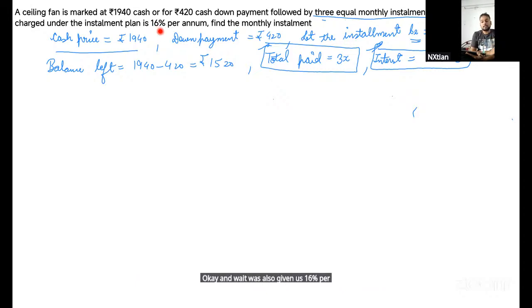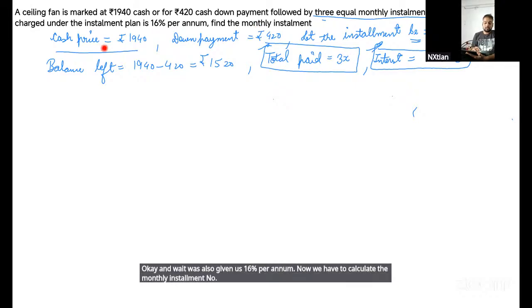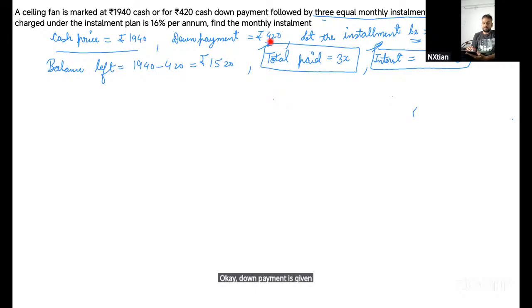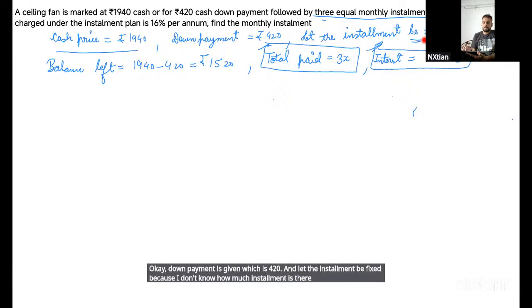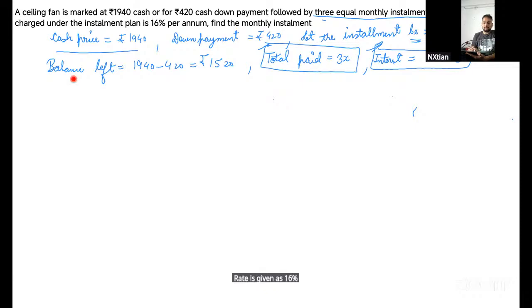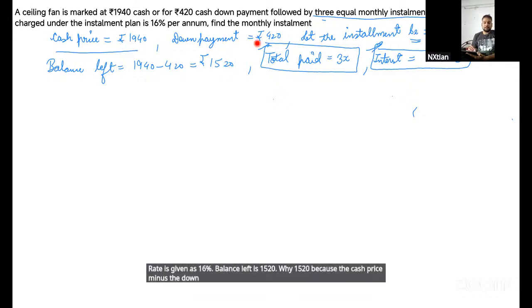Now we have to calculate the monthly installment. The cash price is given, so I wrote it. The down payment is given, which is 420. And let the installment be X because I don't know how much the installment is. The rate is given as 16%. The balance left is 1520. Why 1520? Because it is the cash price minus the down payment which I gave.